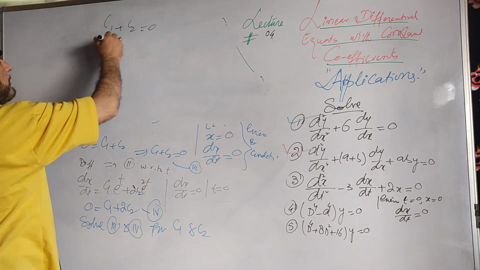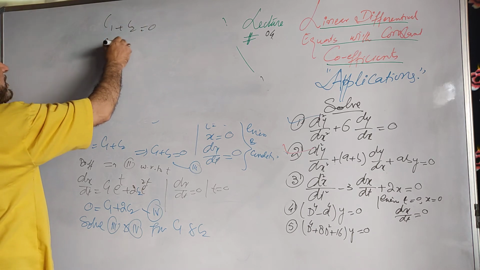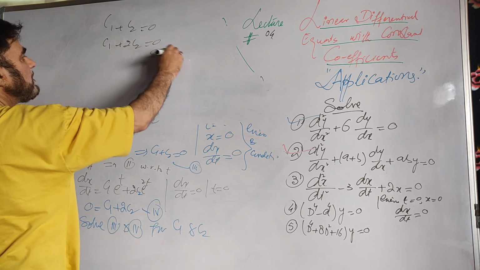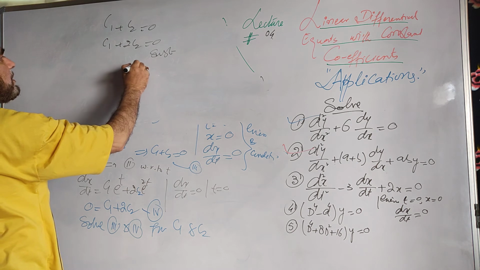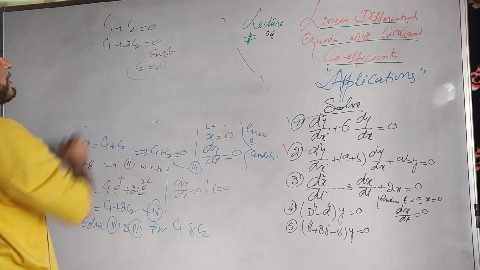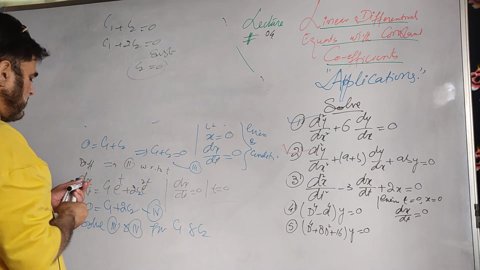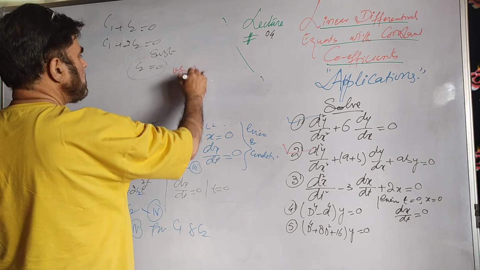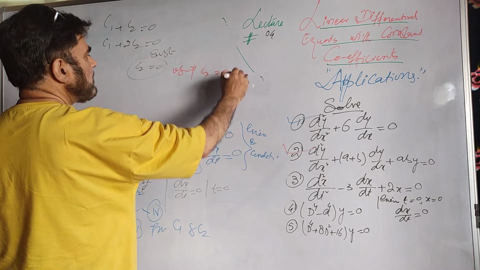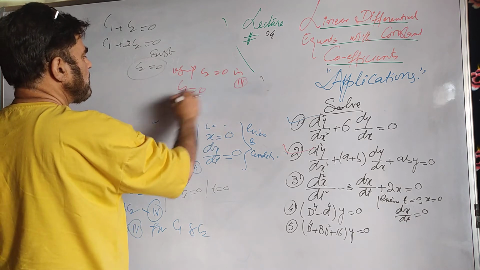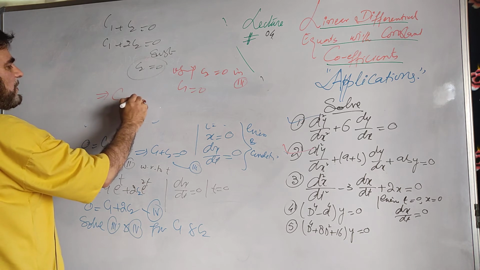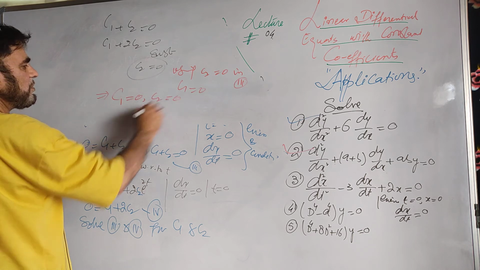You have c1 plus 2c2 is 0. Let us subtract. This gives c2 is equal to 0. Using c2 is equal to 0 in third, we get c1 is equal to 0. So the value of c1 is 0, c2 is also 0.